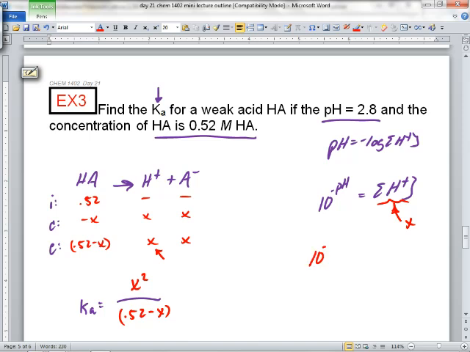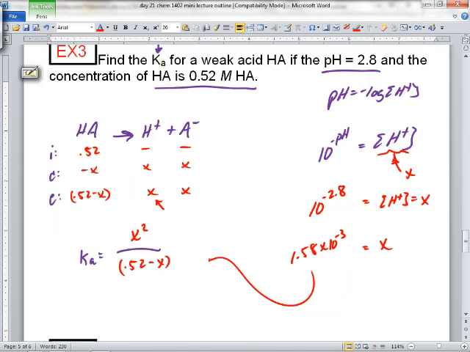So 10 to the negative what is going to be my hydrogen ion concentration, which is my x? 2.8. 1.58 times 10 to the negative 3. Thank you, sir. Okay. Now I don't know if you can drop the x or not, and you have a calculator, so why mess with it? Just get it exact. I wouldn't drop any x's to get the Ka.